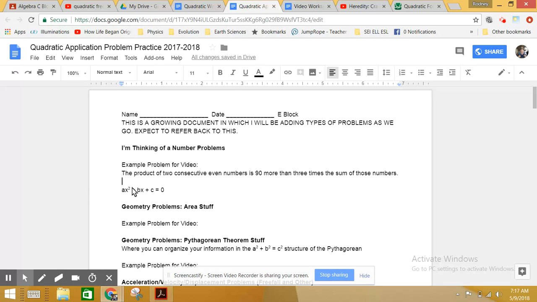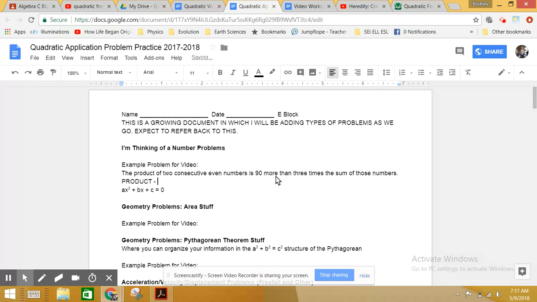All right. A lot of this type of problem initially is just figuring out what the heck it's saying, because it's talking about numbers using words in a way that may be unfamiliar. But let's just simplify it. So we know we have a product, and we know that it is 90 more than 3 times the sum.